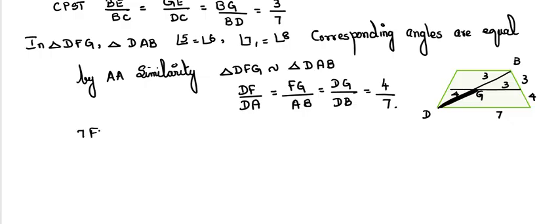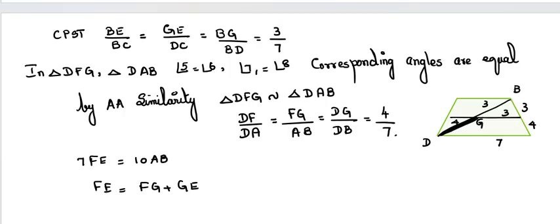We have to connect. There is an echo suddenly, I don't know. AB. Okay? What is my FE, all of you? FE is FG plus GE. Now all of you go back, circle this one and circle this one.